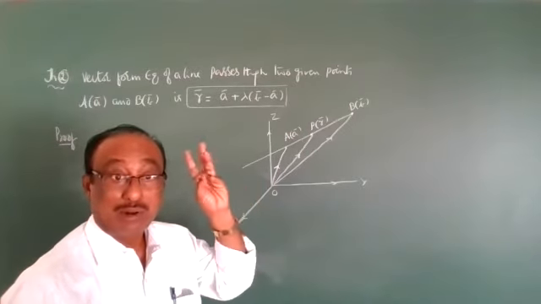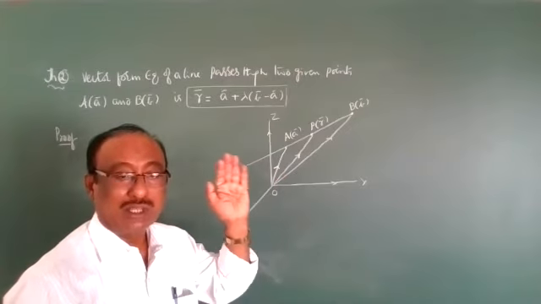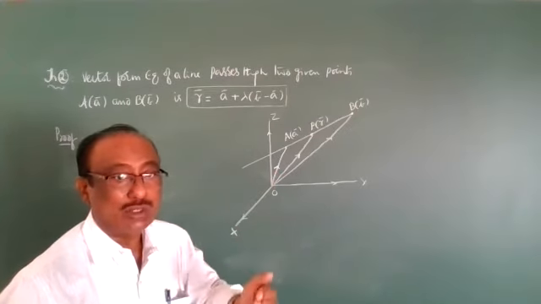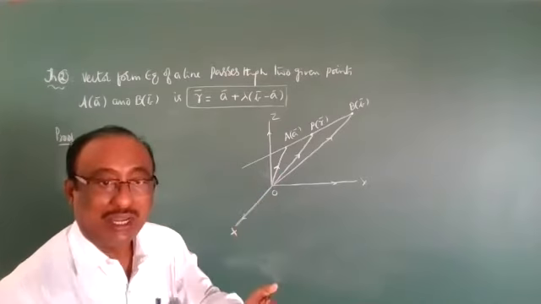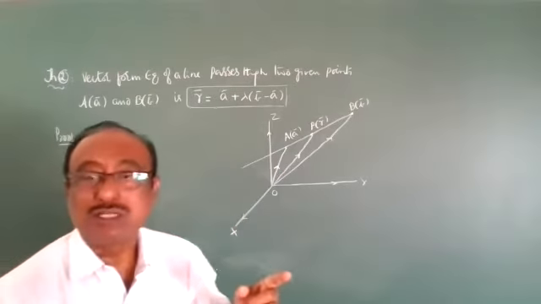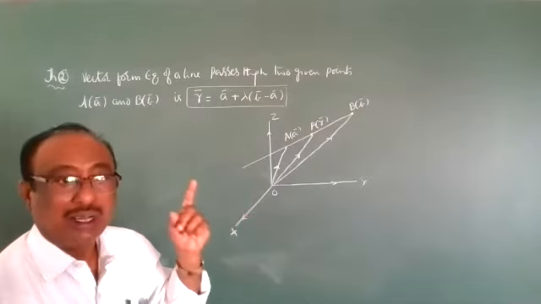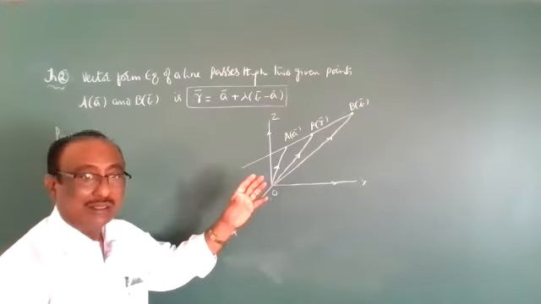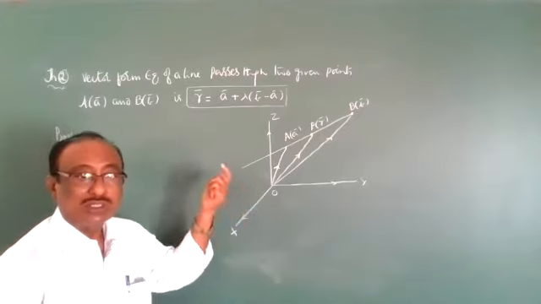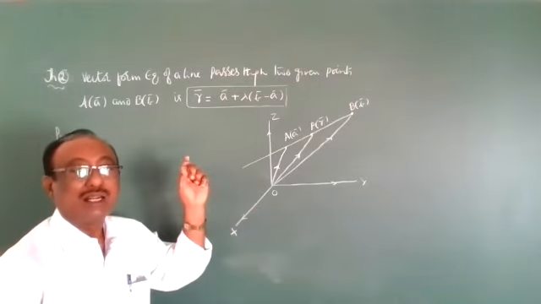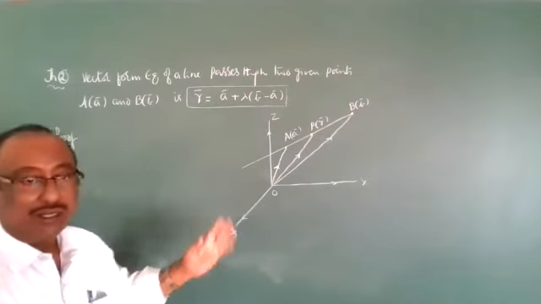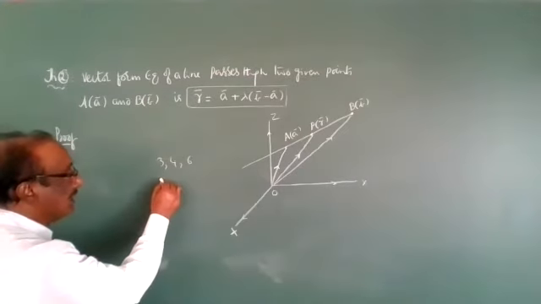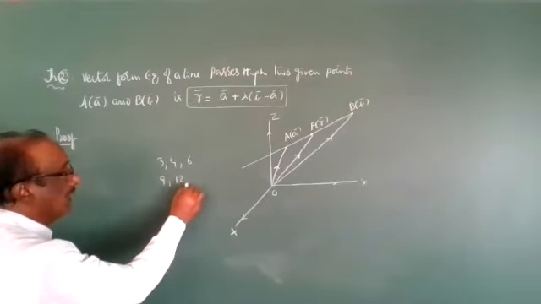I will explain, and problems also we can do. When 3 points are collinear, they differ only by a constant. The direction ratios are the same constant. So 3 points lie on the same line, and the direction ratios are equal, meaning they differ only by a constant. For example, the first is 3, 4, 6 and the second is 9, 12, 18.